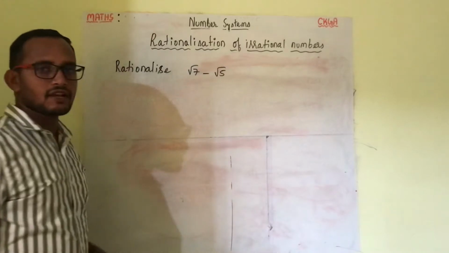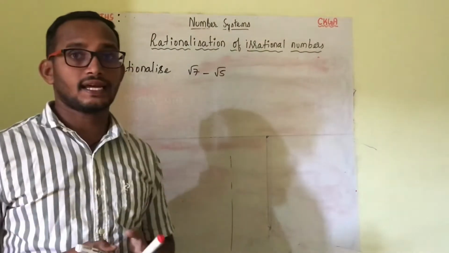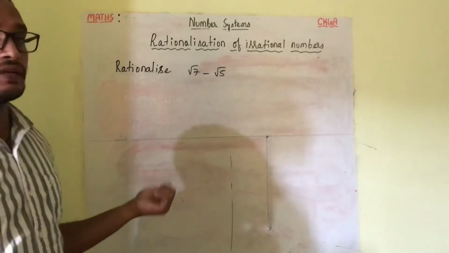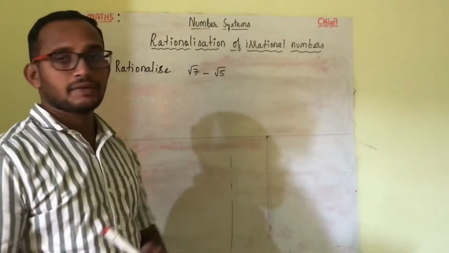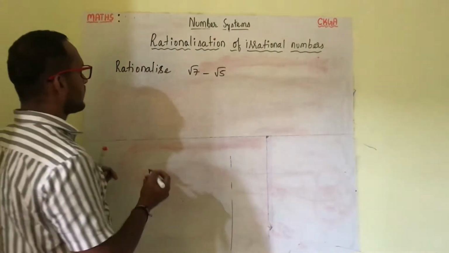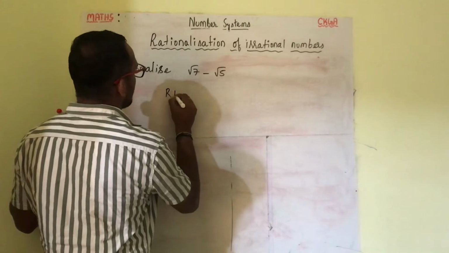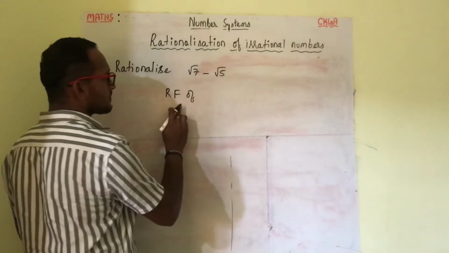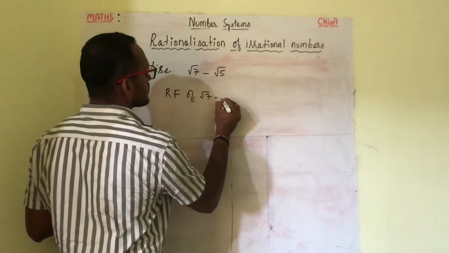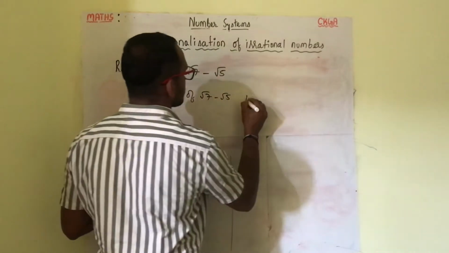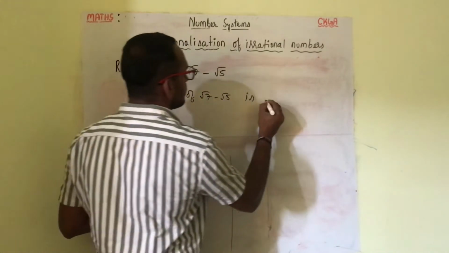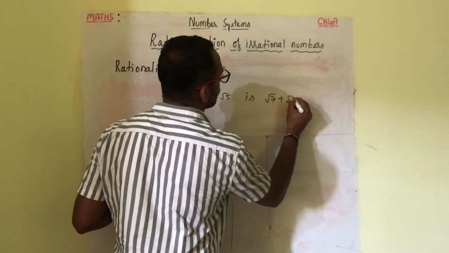First I need to recognize whether it's a binomial or monomial. It's a binomial irrational number. So first I'll write a rationalizing factor, that is RF of root 7 minus root 5. Change the sign, that is root 7 plus root 5.